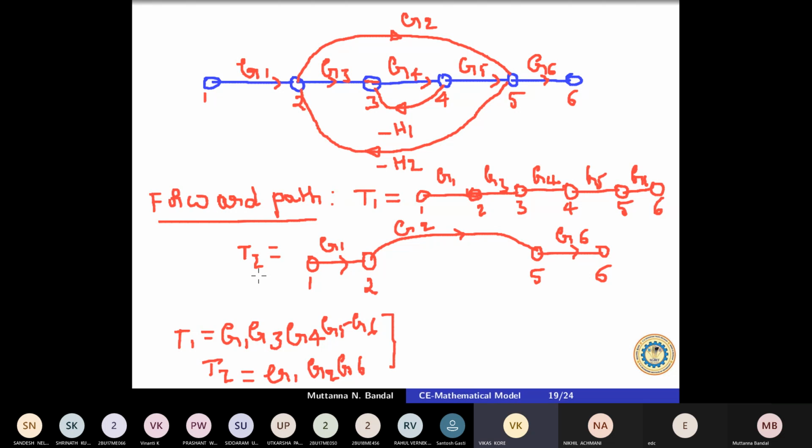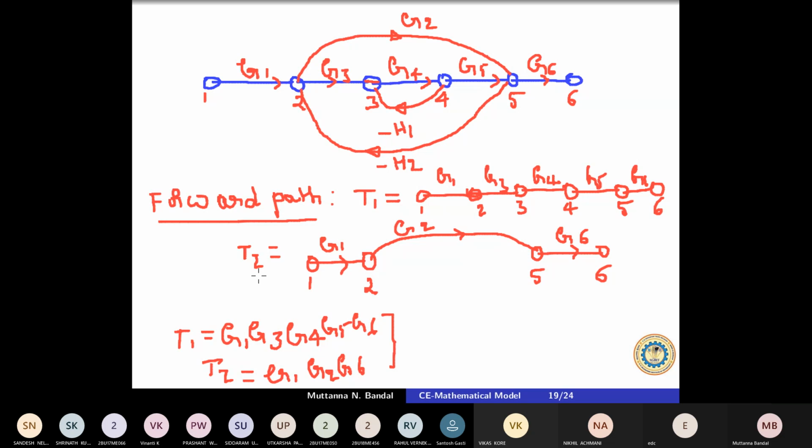So here your task is, I have already explained how to identify the loops and how to identify the 2 non-touching loops and also 3 non-touching loops. First identify which are the loops in the signal flow graph, and whether there are 2 loops that are not touching each other.